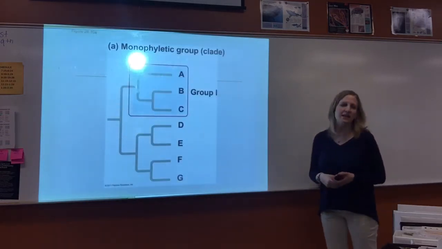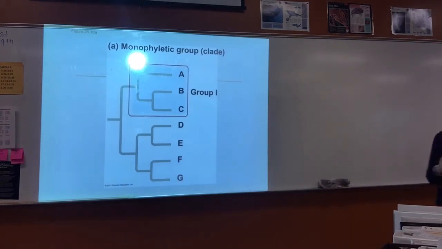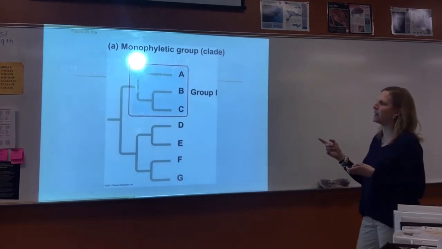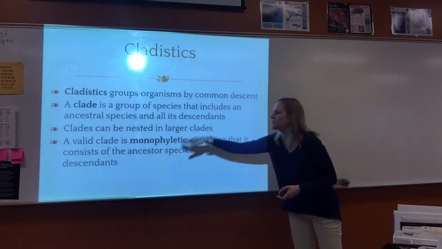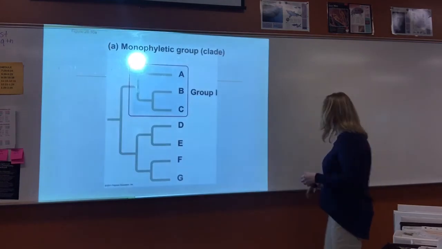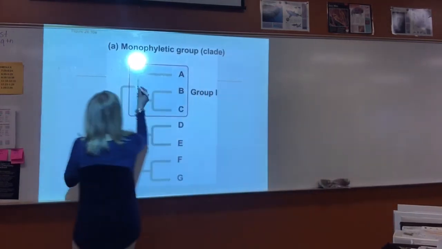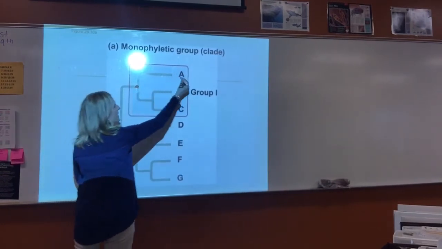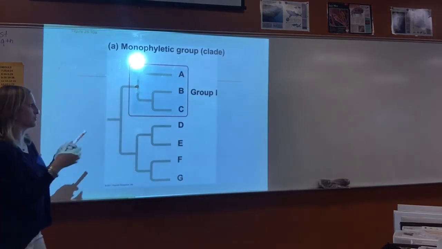So this is an example, circled, of a monophyletic clade in this larger evolutionary tree. Why is it monophyletic? Let's look at the definition. It consists of an ancestor species and all of its descendants. In this particular case, the ancestor species is right here, and it has all of its descendants as part of it, so that's a monophyletic group.